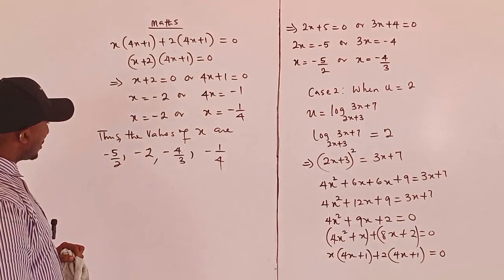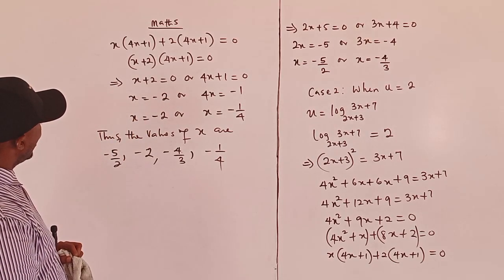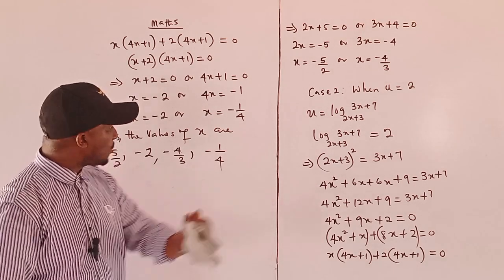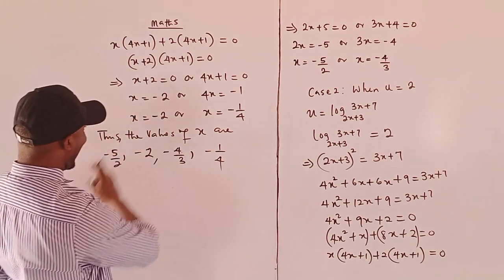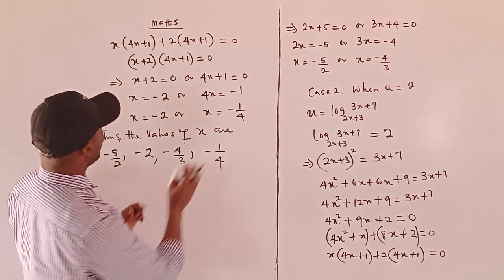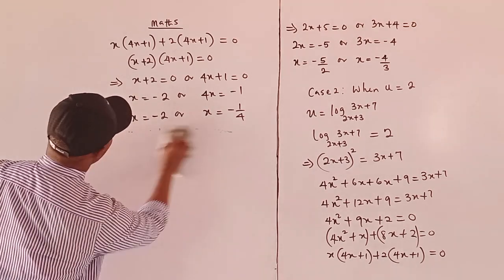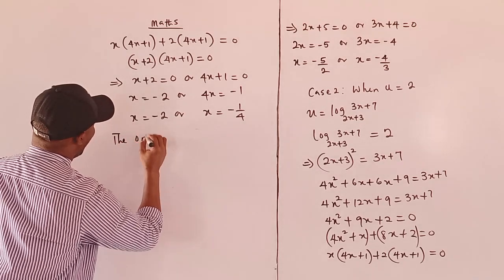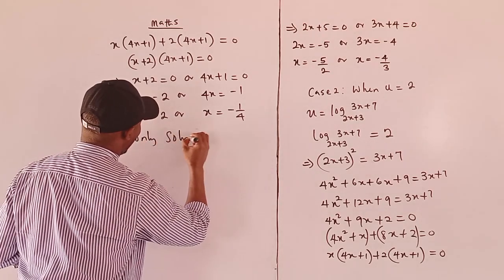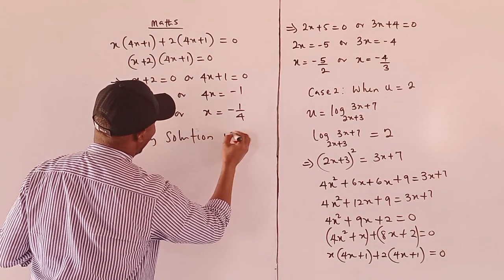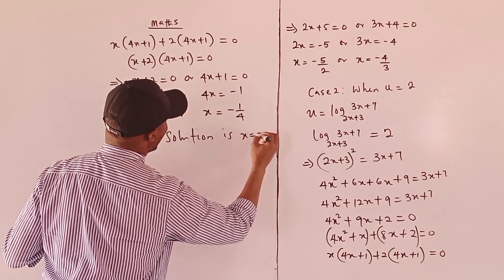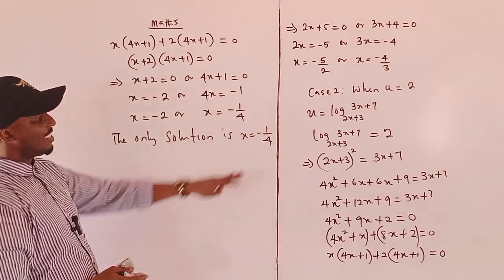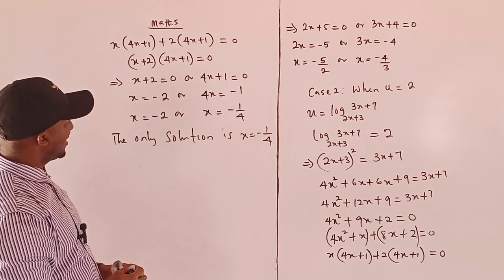What are the values of x? At the end of the day, from the test we performed on all of these, the only solution is x = -1/4. So that's the answer.